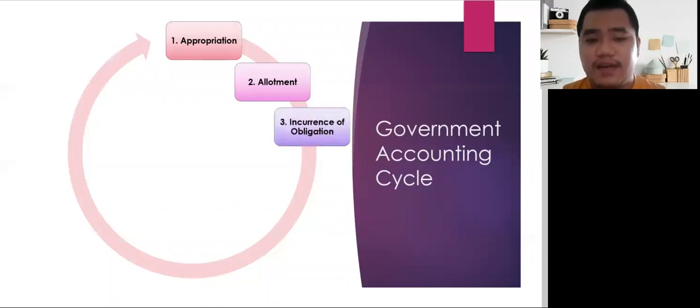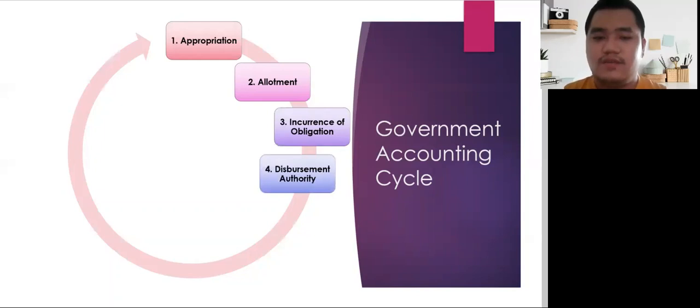Then we have the actual incurrence of obligation, followed by the disbursement authority. So in this stage, the government agency is now authorized to disburse funds for payments of its obligations.